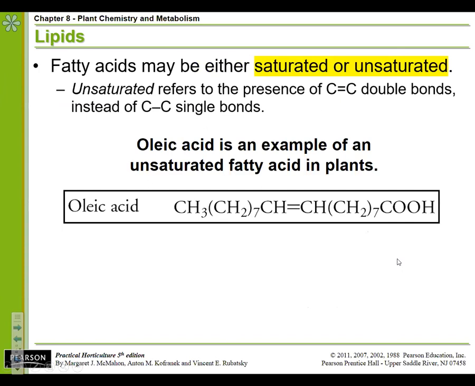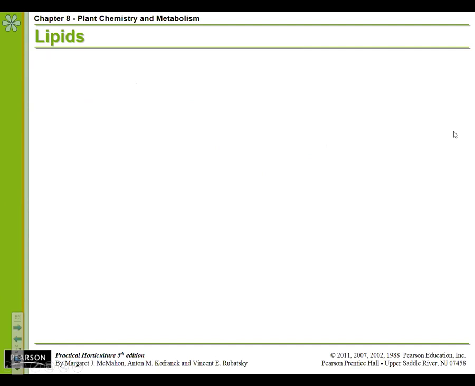Fatty acids can either be saturated or unsaturated. You guys have probably heard that in terms of human diets, right? Saturated fats are more difficult to break down, and thus contribute more to obesity, for instance. Unsaturated fats are easier to break down. Oleic acid is an example of an unsaturated fatty acid in plants.